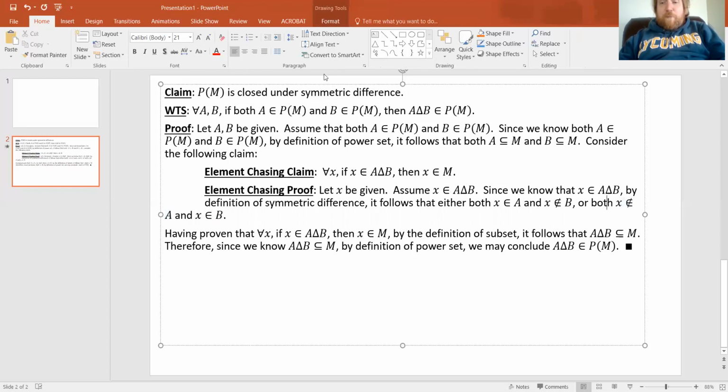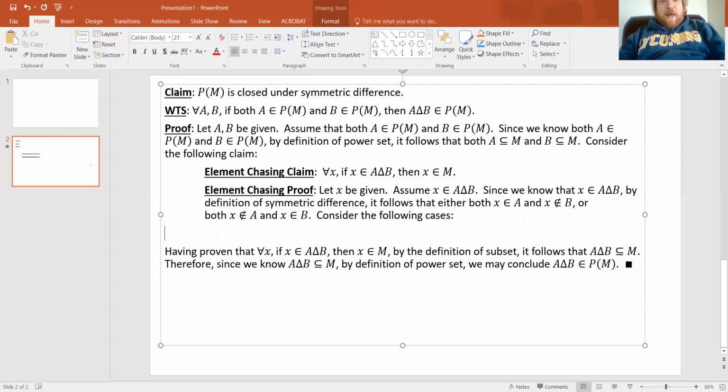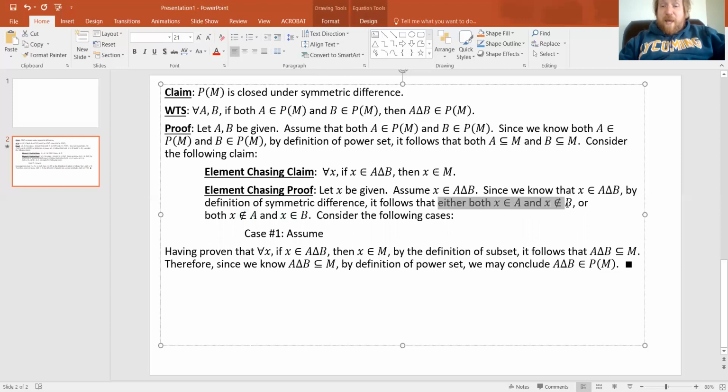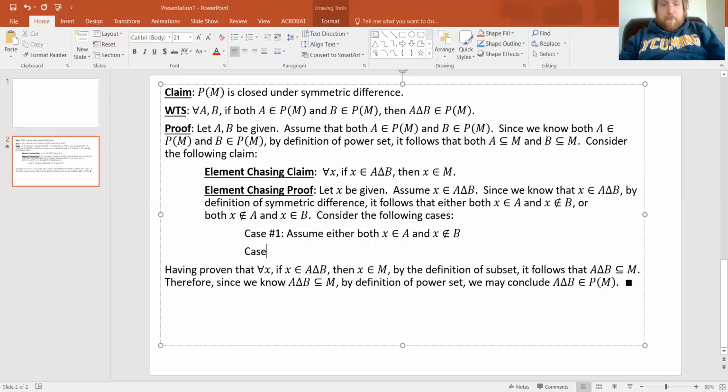Now remember, in proof writing, anytime we know either one thing or another, we can split into cases. So consider the following cases. And our two cases are going to be, we assume the first thing. So we assume both x is in A and x is not in B. That's the first case.